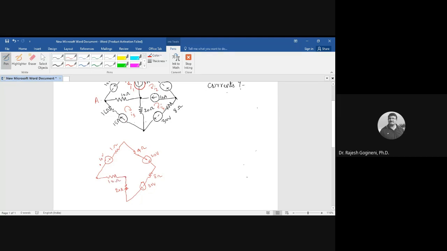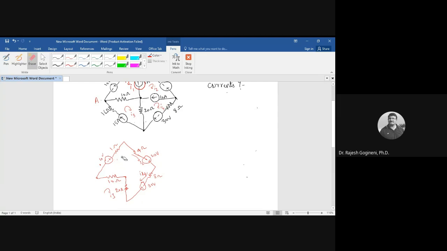Because the outer loop, the 15 ampere loop, can be neglected. Here the current flowing is I1, here it is I2, here it is I3, this is also I3, here this is I4, here I3. So no need to take all these currents.